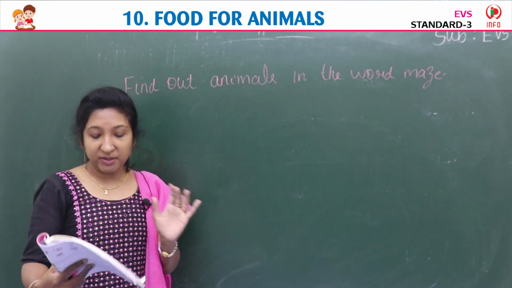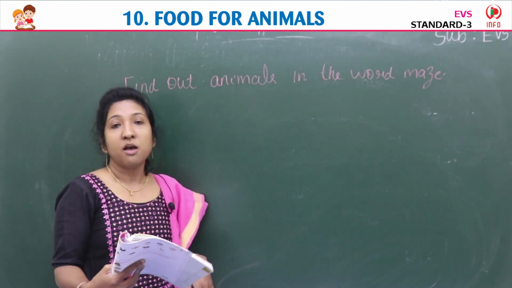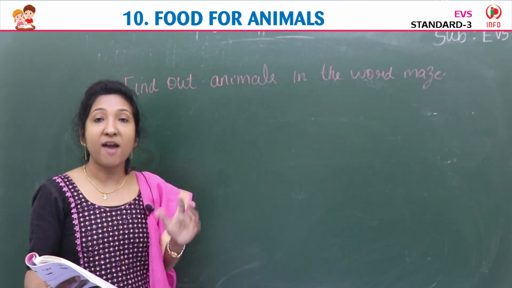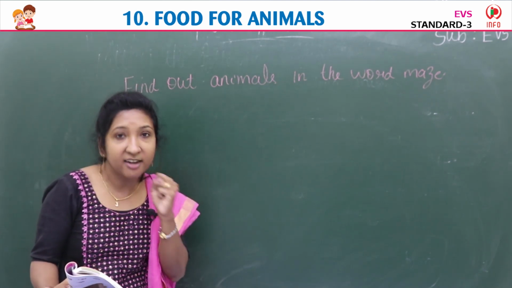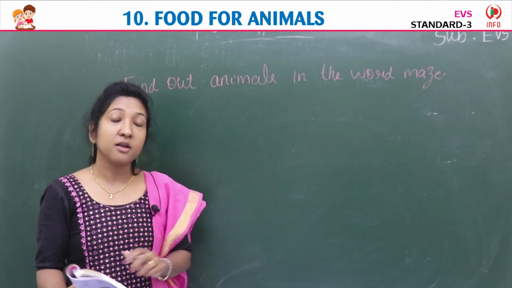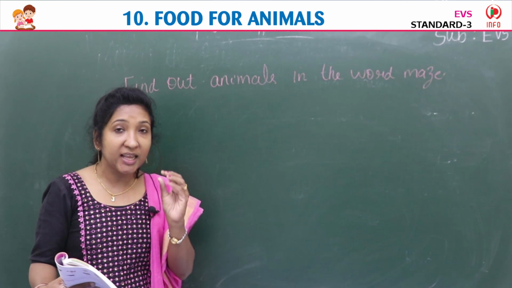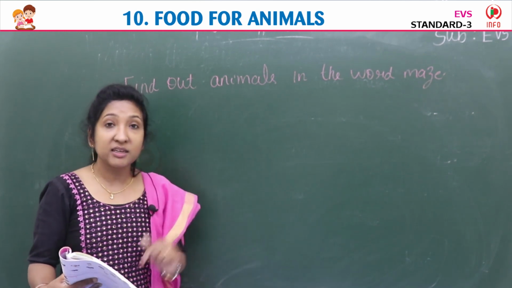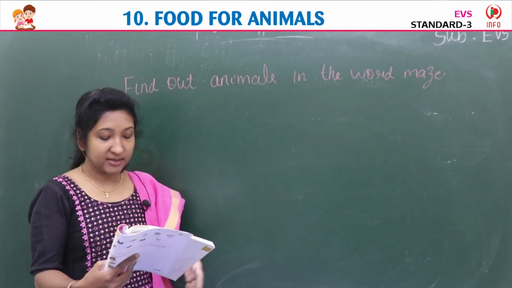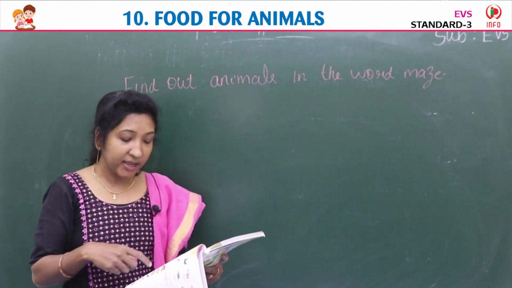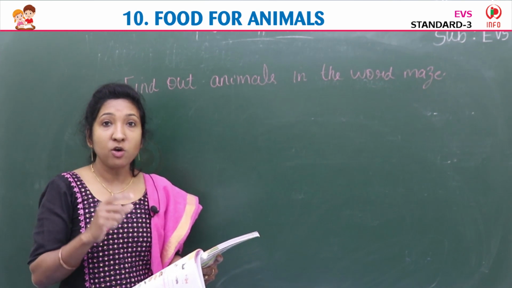Capital letters are given. There you have to find the names of animals. Some names of animals are hidden there. You should do that by yourself. Try to find the names of animals in that grid given. We say word maze. So many letters are there. It connects a word actually. So you have to find out.